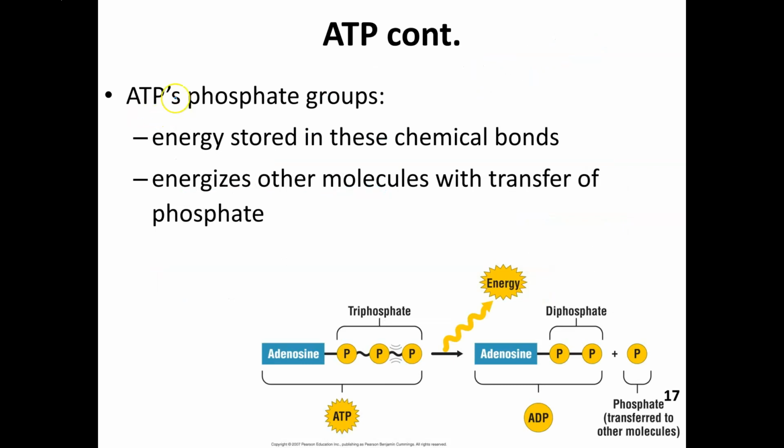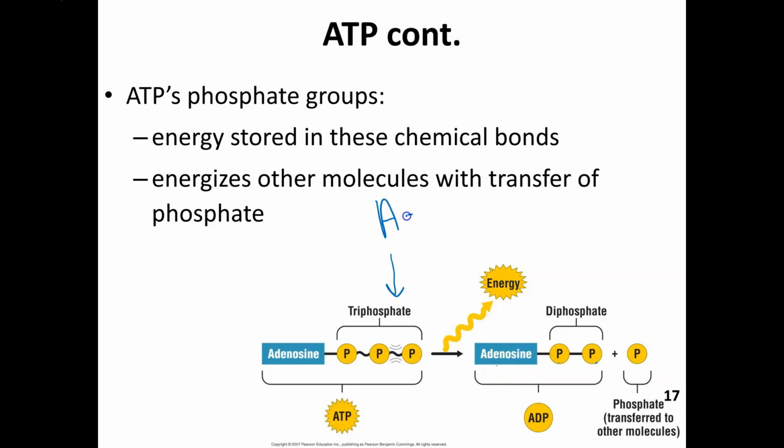So ATP has three phosphates, and the energy is stored in the chemical bonds of these phosphates. So when we break that third phosphate off, we release the energy, and then we have adenosine diphosphate.